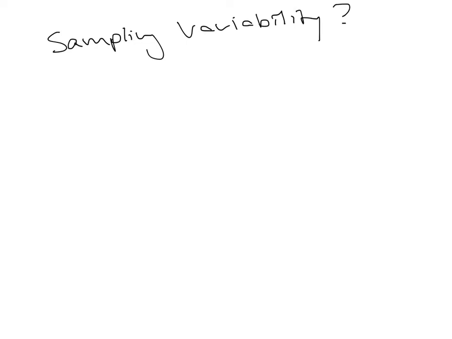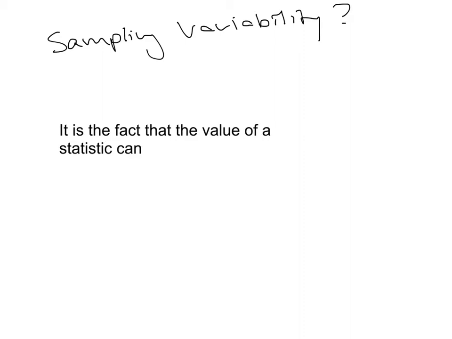So it is the fact that the value of a statistic can be different in repeated sampling.